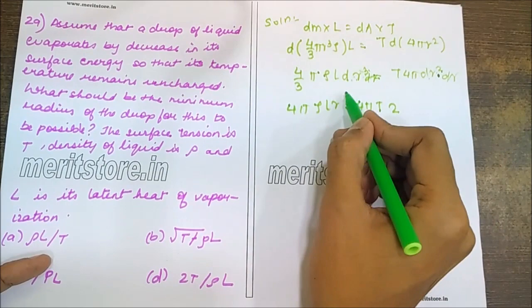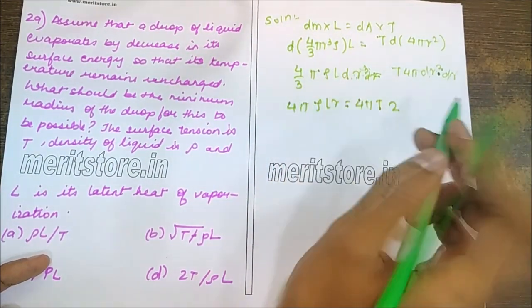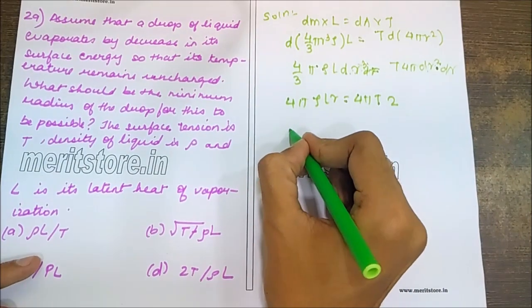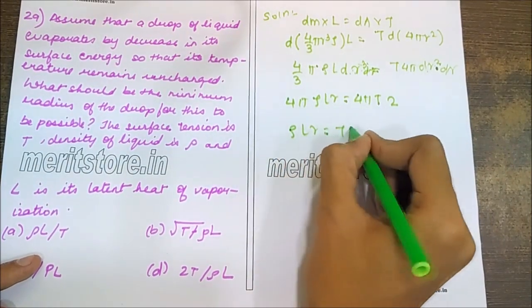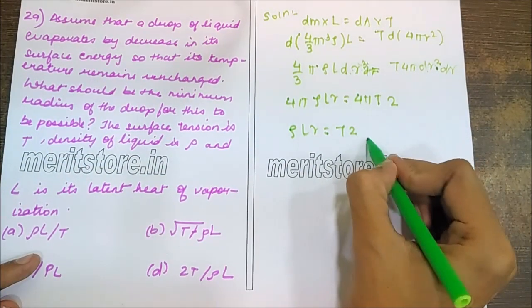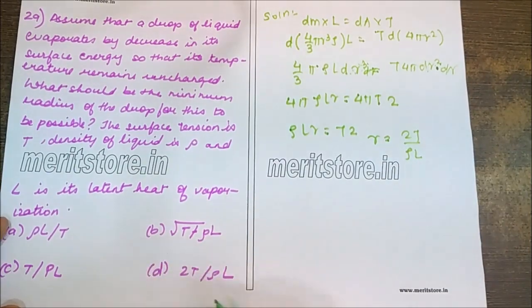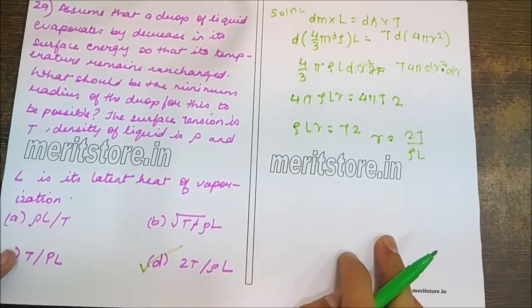So we have 3r square over here and 2r over here, so the 3s get cancelled. So rho L r is equal to 2T, so the radius for this liquid drop is equal to 2T upon rho L. So 2T upon rho L is the correct option, D.